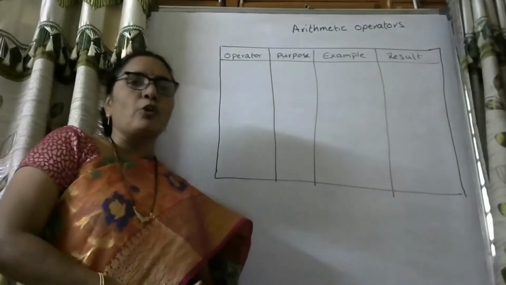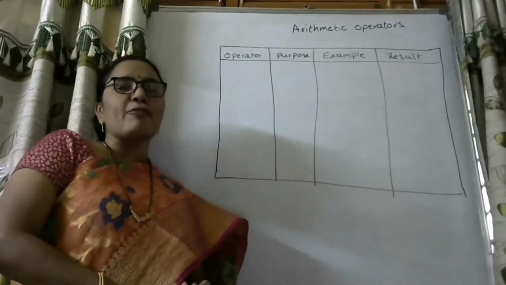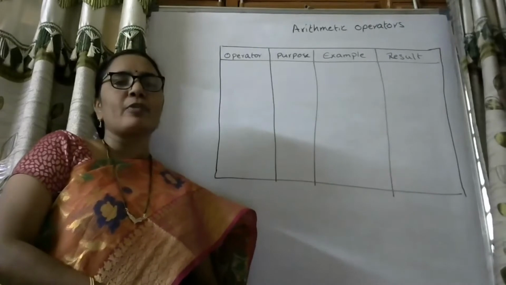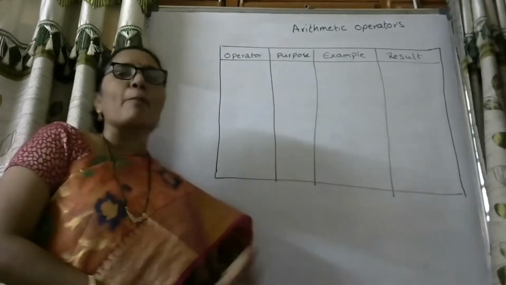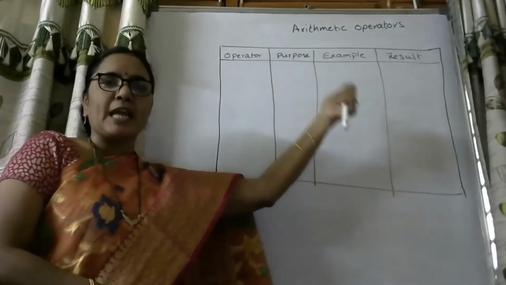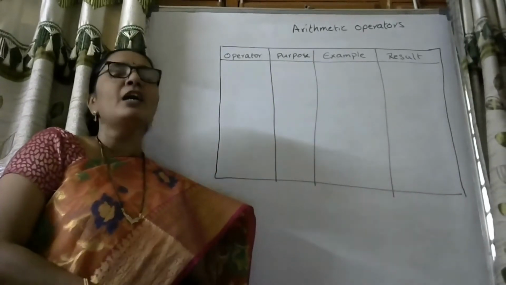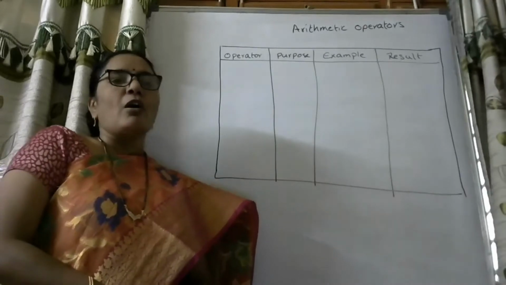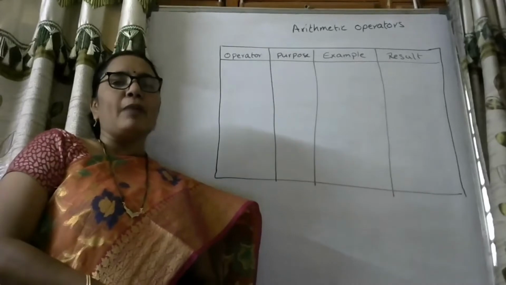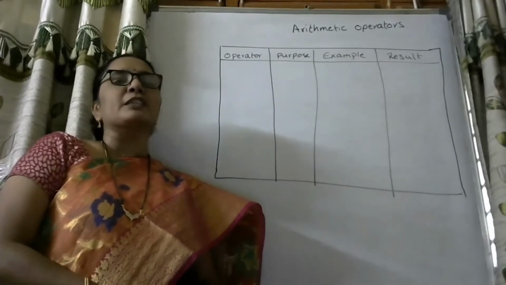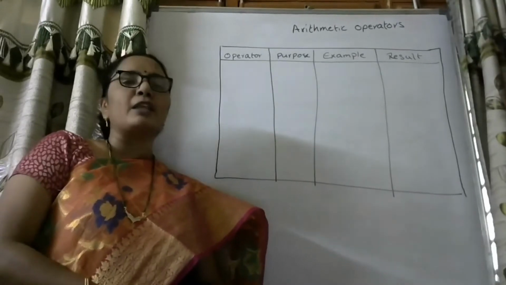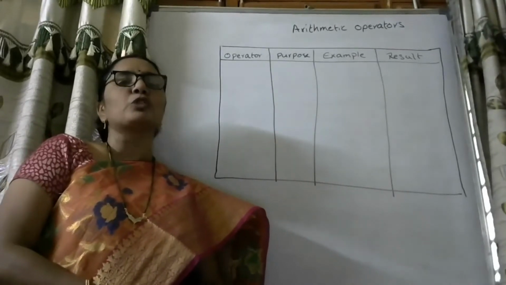To show you the different arithmetic operators that can be used in Python, I have taken a simple table which contains 4 columns: operator, purpose, example, and the result of the expression. Before filling this table, let me list the arithmetic operators that you can use in Python.